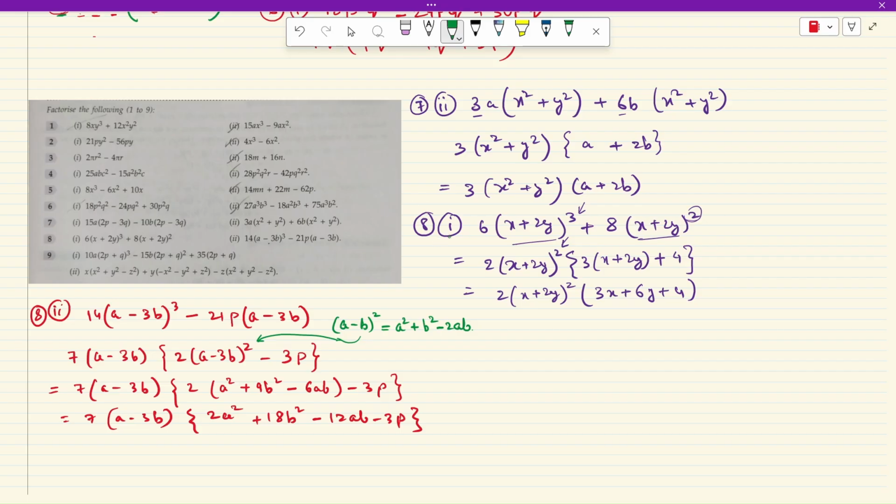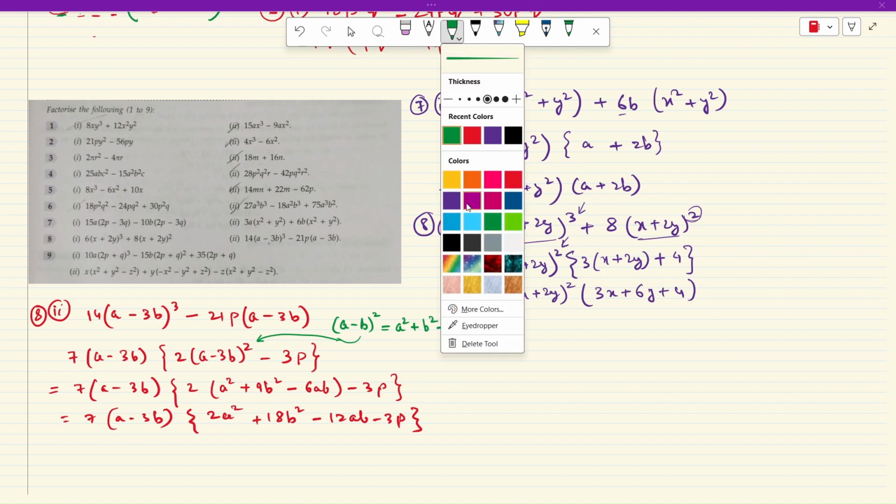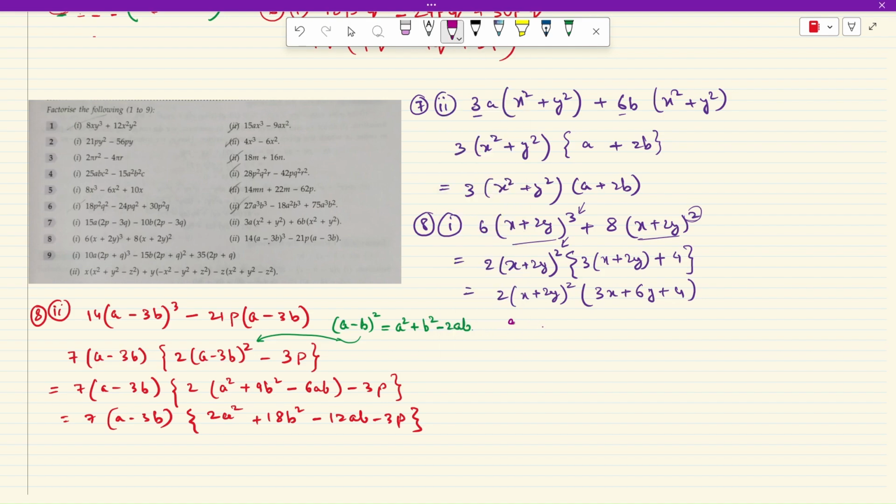Next, moving on to the next question, 9th. So I will take 2p plus q as common.